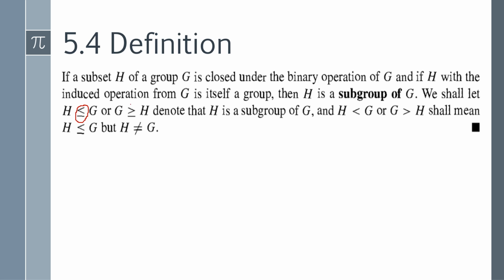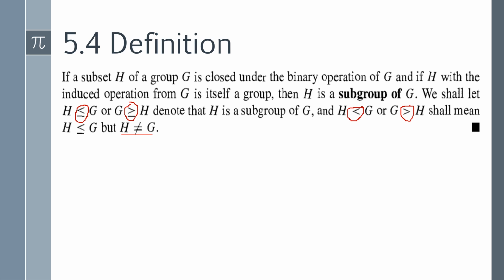You can also write it this way, like greater or equal, wherein it denotes that H is a subgroup of G. Also, we can write it this way, less than or greater than, wherein this symbol states that H should not be equal to G.